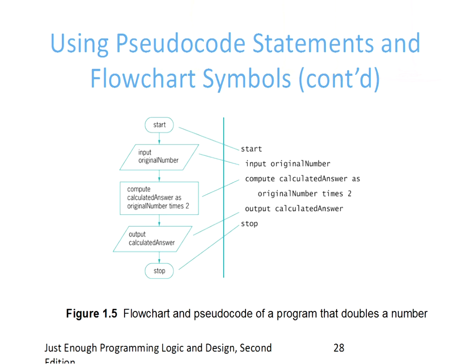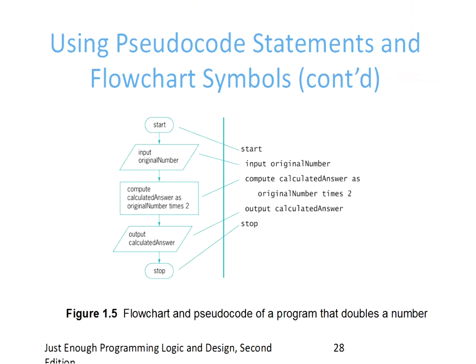As you're reading through the chapter, make sure that you reference this one slide. The program on the left-hand side is a flowchart, the right-hand side is pseudocode. Right now, you have to write both of them, even though they are all the same.